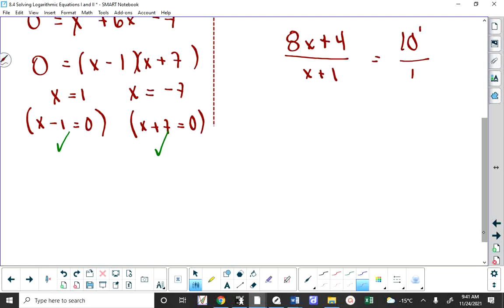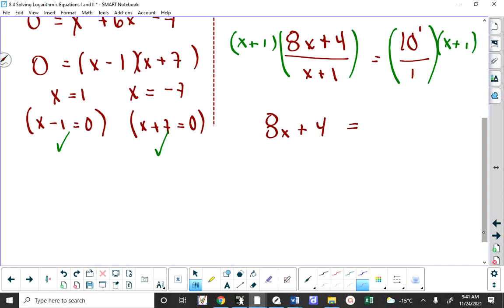When I multiply this side by x plus 1, and when you multiply this side by x plus 1, you eliminate the denominators and you get 8x plus 4 equals 10 times x plus 1. And again, we're into a very comfortable territory here in terms of solving that equation. The x plus 1s cancel on the left, nothing cancels on the right. Expanding this out, you get 8x plus 4 equals 10x plus 10. Then it's a matter of solving for x.